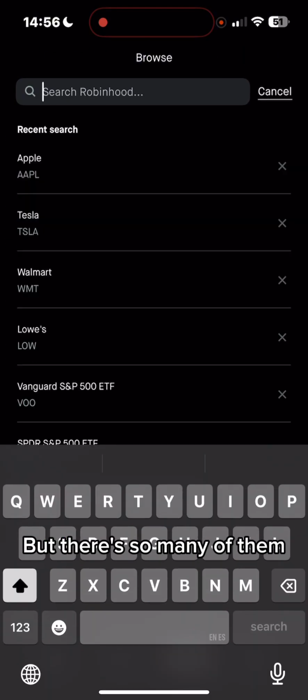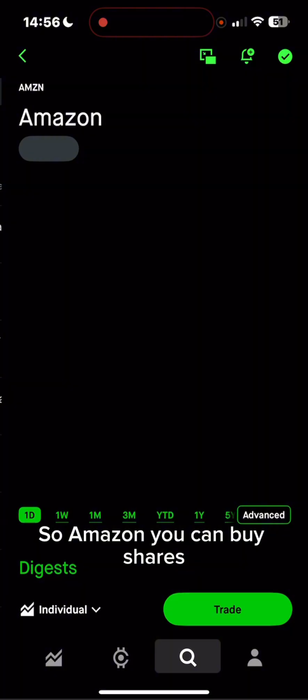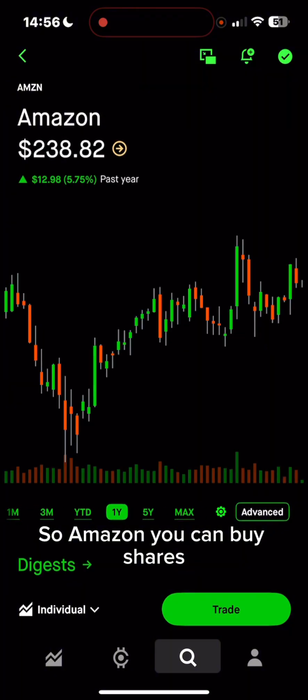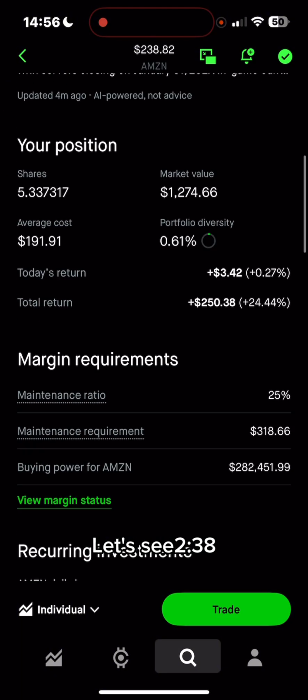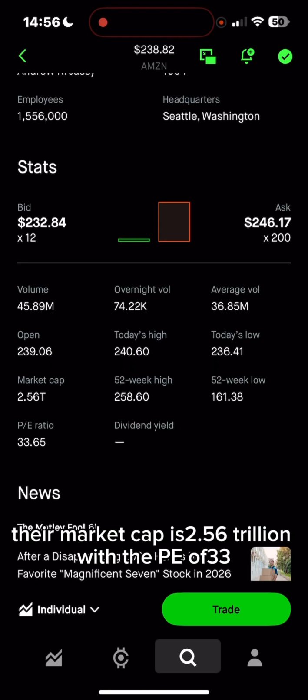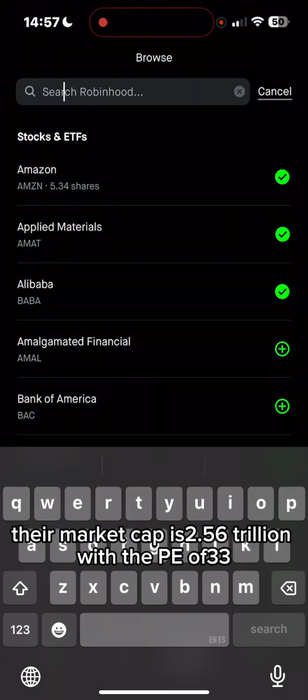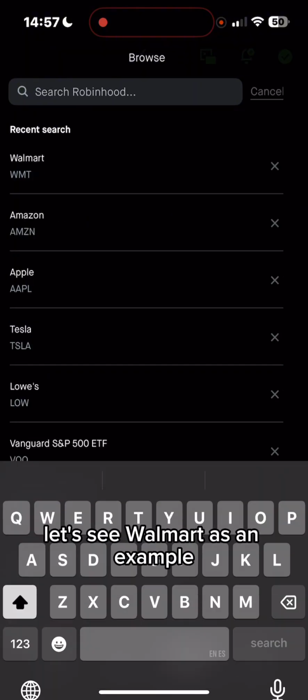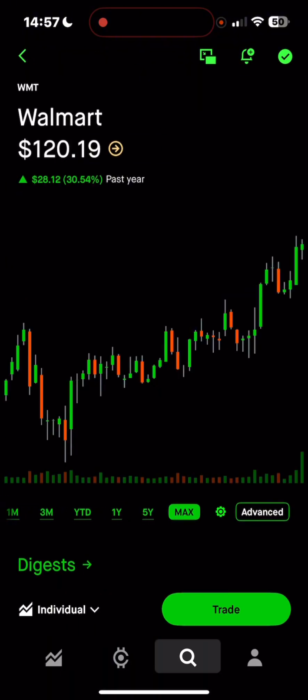But there's so many of them. So Amazon, you can buy shares. Let's see, 238, and Amazon right now has a market cap of 2.56 trillion with a PE of 33. Other ones, let's see, Walmart as an example.